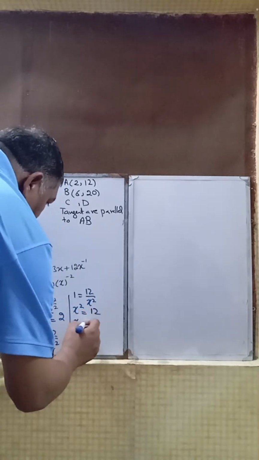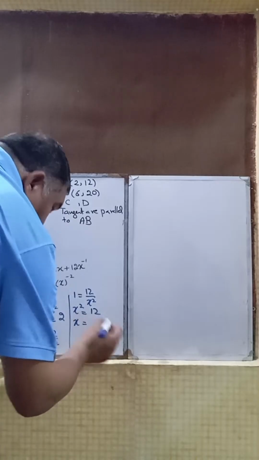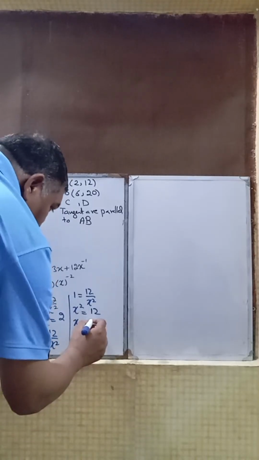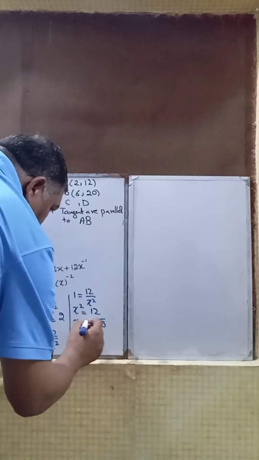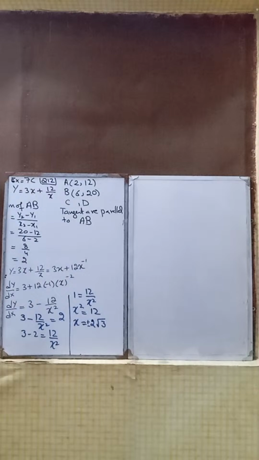So x will be equal to the square root of 12, which is the square root of 3 times 4. So this is 2√3, and with it we have plus or minus.